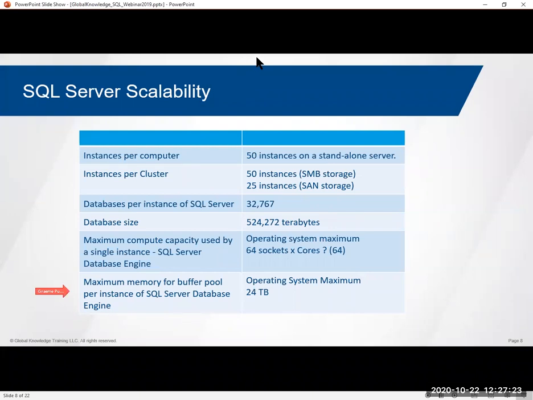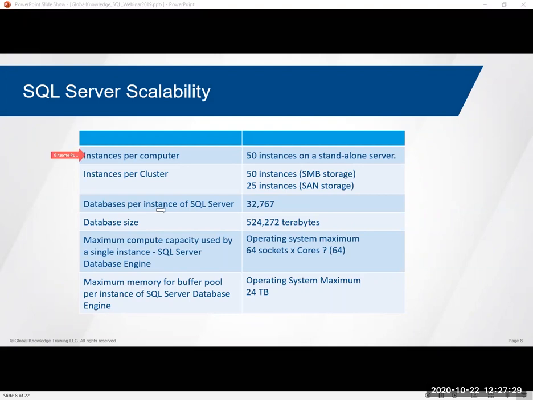If we take a look at an on-prem implementation of SQL Server, we have some scalability capabilities here. First of all, instances per computer. You can have up to 50 instances of SQL Server running on the same computer at the same time. It doesn't matter whether it's physical or virtual, but of course you need enough resources for each of those. Each instance of SQL Server has its own security implementation, and hence, from a security perspective, it's completely isolated.